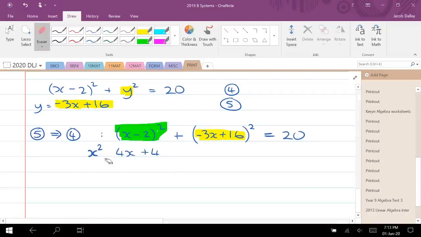The hardest part to remember what to do is double that middle term. So that bracket expands to that.